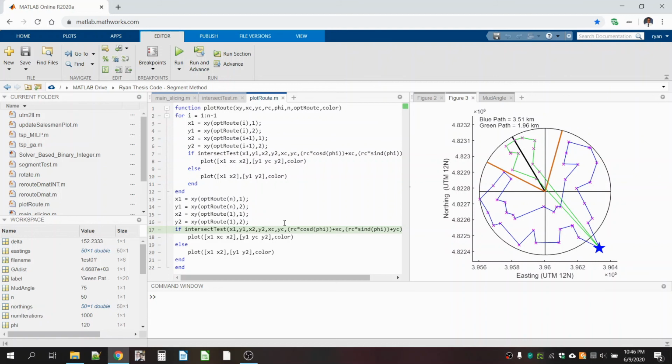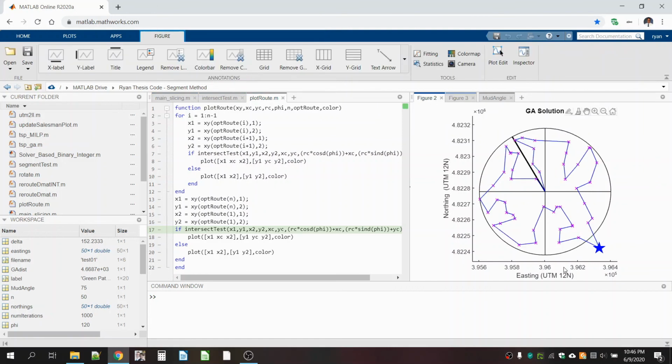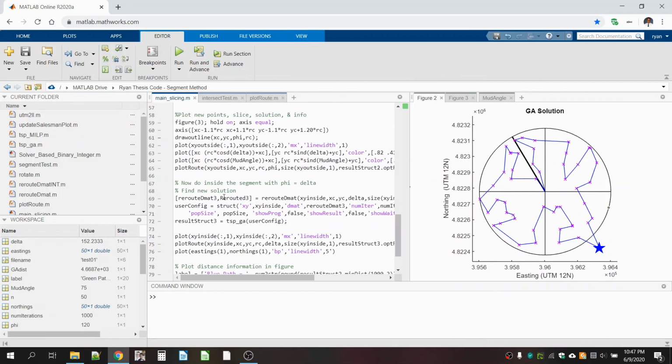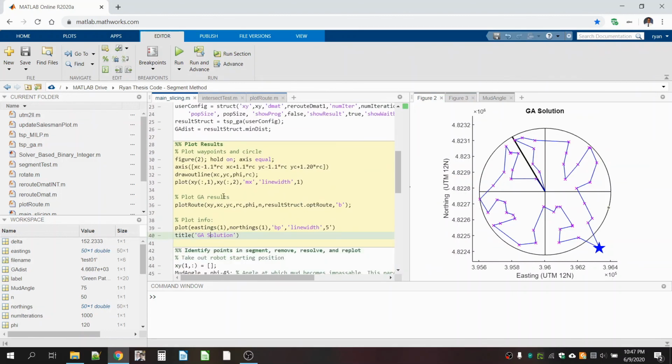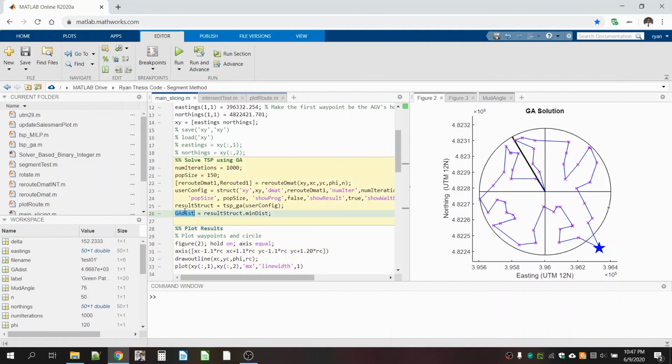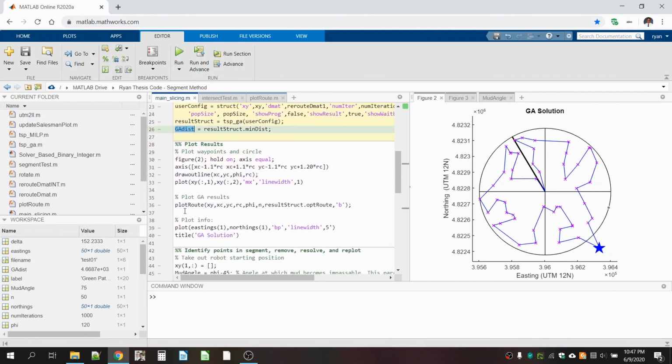So this is going back to just the simplest problem. You're just finding the optimum route and plotting it. So here we find GA distance. And here is our optimum route. So this is just a vector.